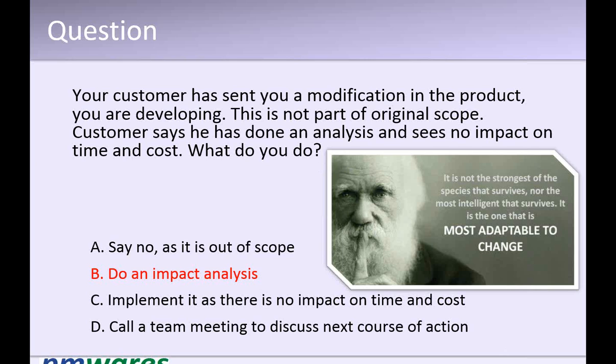Right. So the option is call a team meeting to discuss the next course of action. That means we don't know what should be done now, and that is a problem. If that is the case, it means you don't have a process for regular stuff.